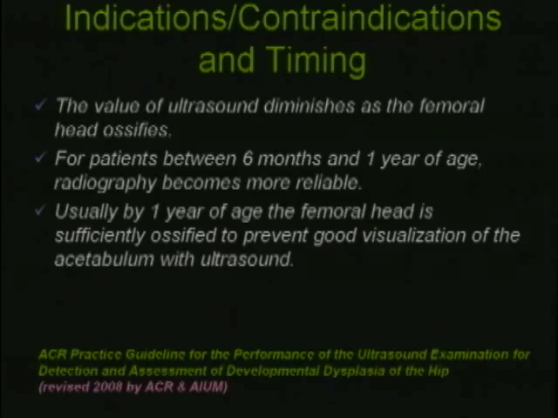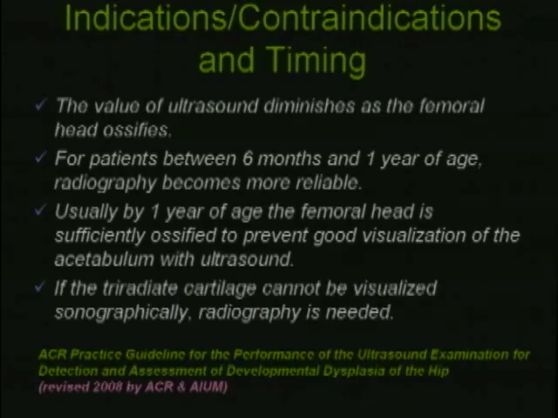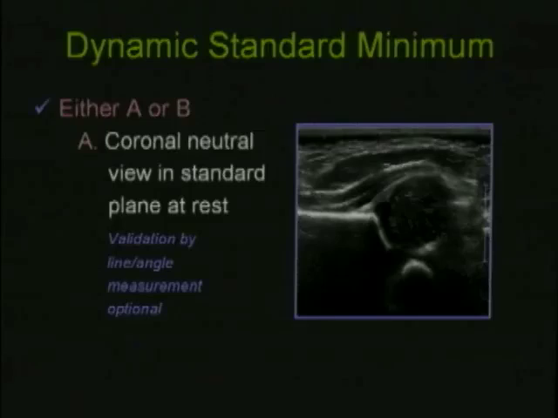Usually by 1 year of age, the femoral head is sufficiently ossified to prevent good visualization of the acetabulum with ultrasound, and if the triradiate cartilage cannot be visualized sonographically, radiography is needed.